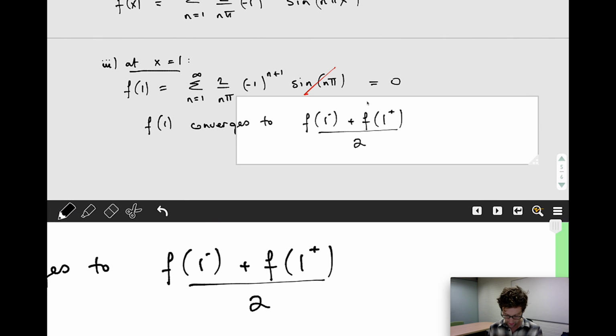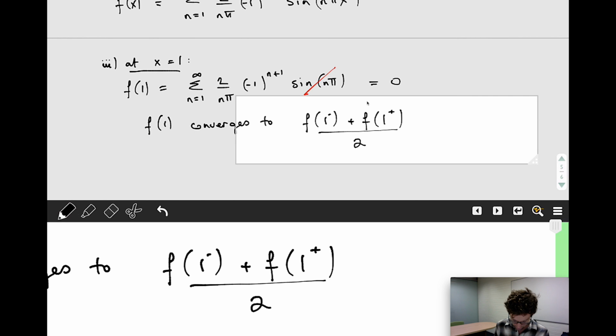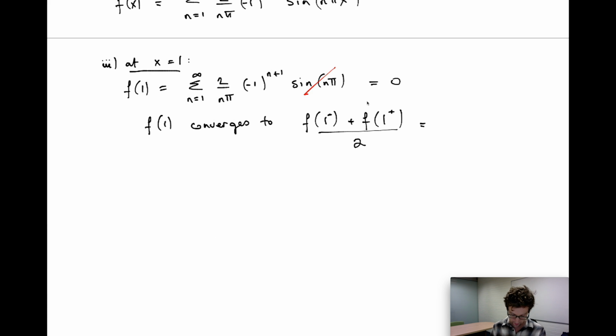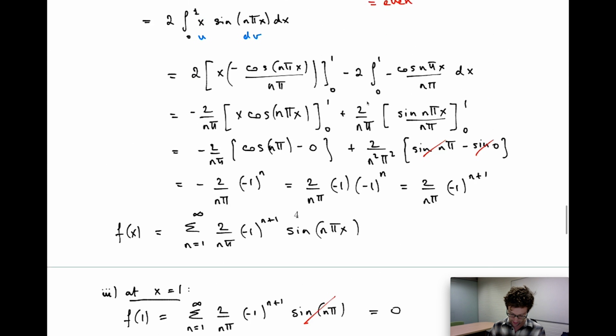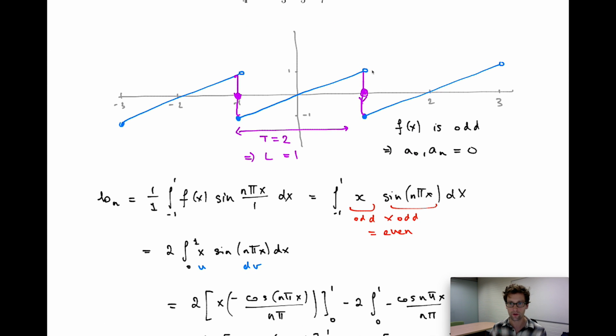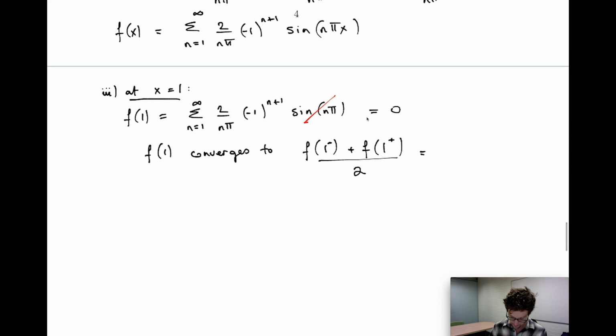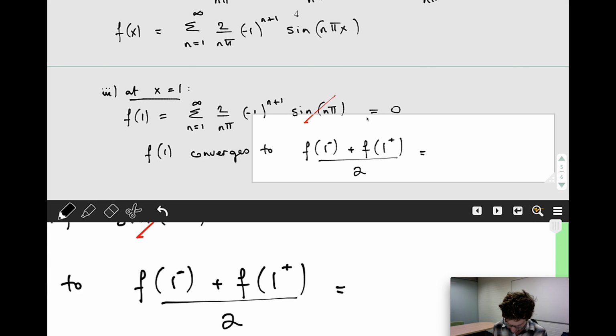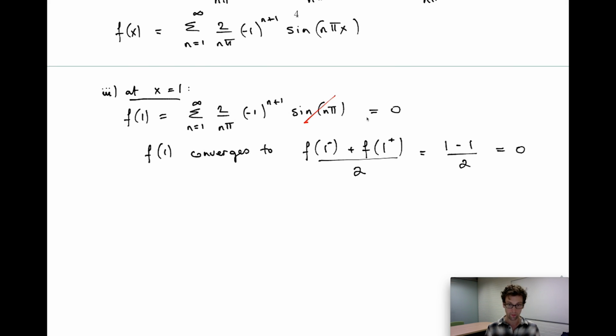So in this case, let's take a look again. The value of the function just before the discontinuity is equal to 1. The value of the function just after the discontinuity is equal to minus 1. So if I stick in those values, I'll get 1 minus 1 over 2. I'll get 0.